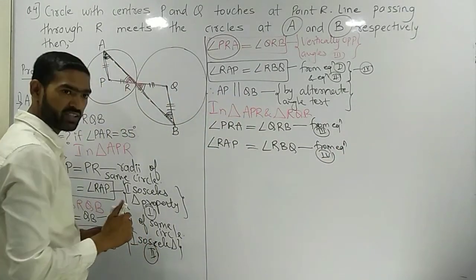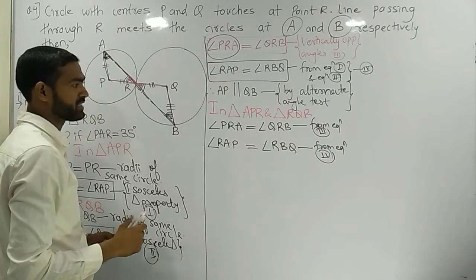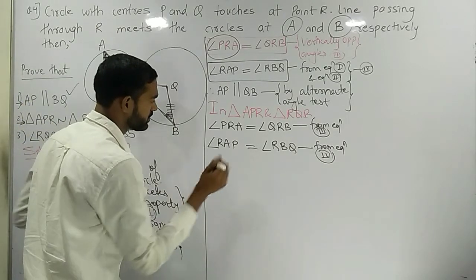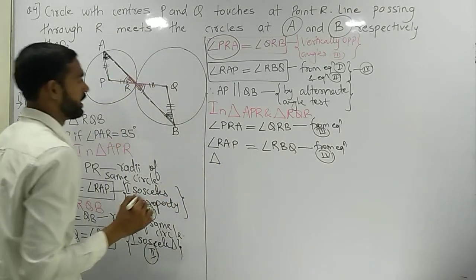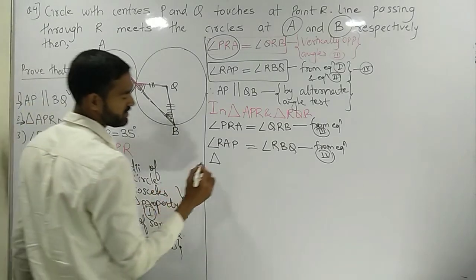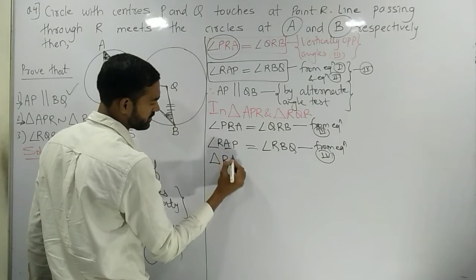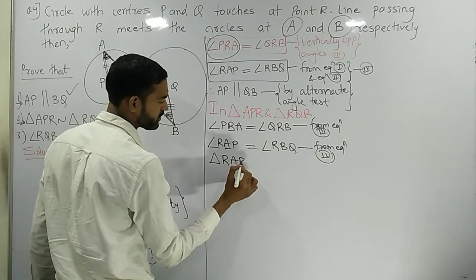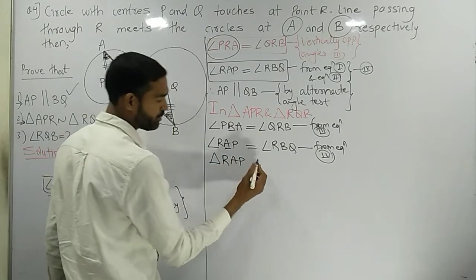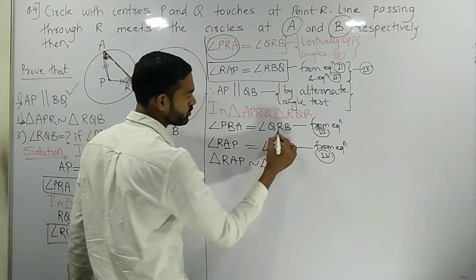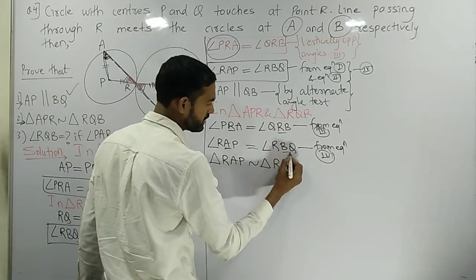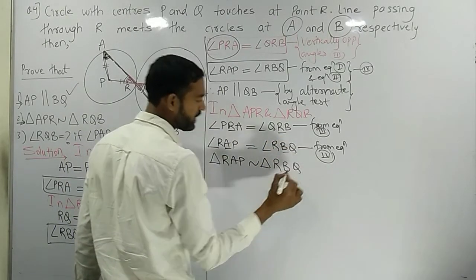Now if two angles are equal, what we can say: triangle R, here P, what do we have left? P. So triangle RAP is similar to, middle name is what? R. Here B, what do we have left?